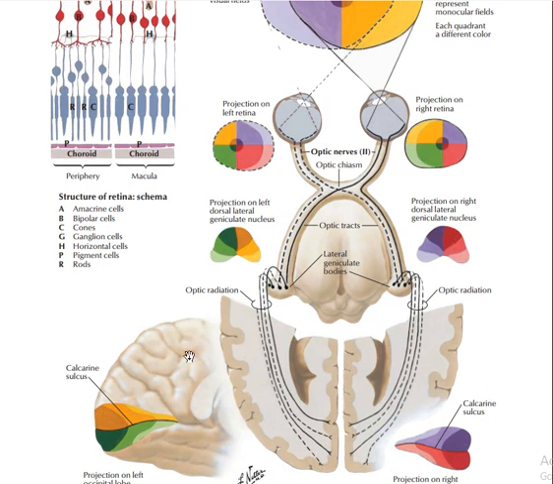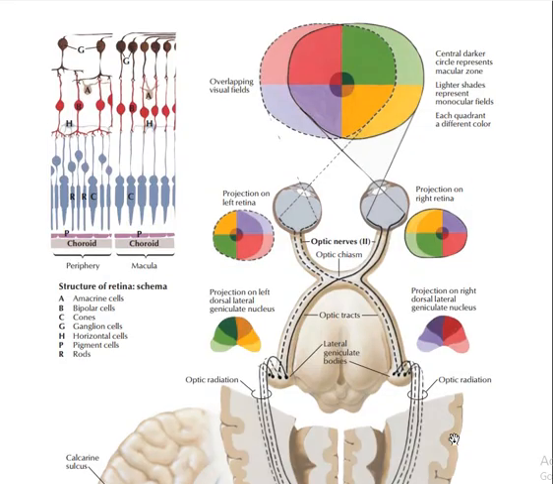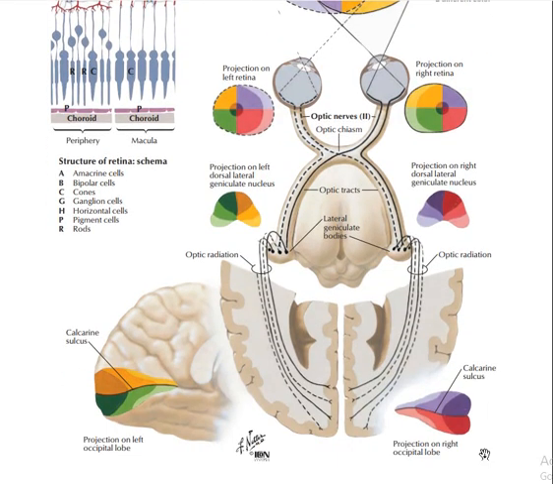So it's going to form at the level of the right calcarine sulcus here, and this is going to form at the level of the left calcarine sulcus. All the images are also homonymous in this direction. So nasal view and temporal view here are going to be formed here. Now the inferior image is going to be superior, above the calcarine sulcus, while the superior image is going to be inferior, below the calcarine sulcus.